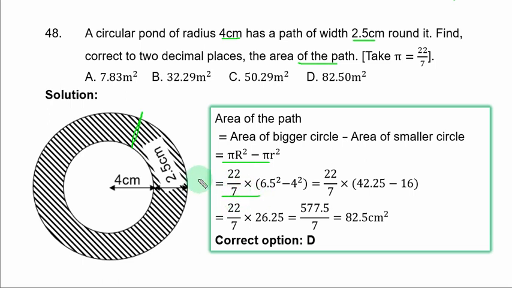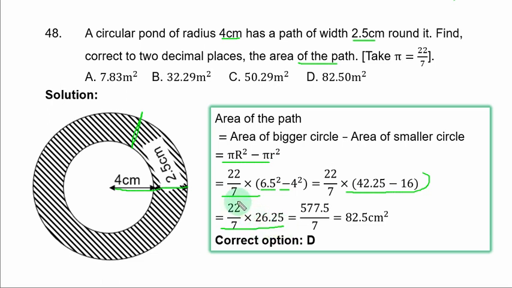So the capital radius now is from here to this place, that is 4 plus 2.5. So you square it, minus the small radius, which is 4, that is 4 squared. So you have 22/7 times bracket open 42.25 minus 16. If you subtract, you have 22/7 times 26.25.